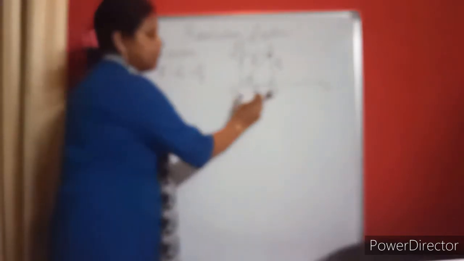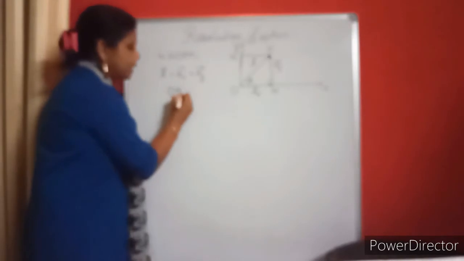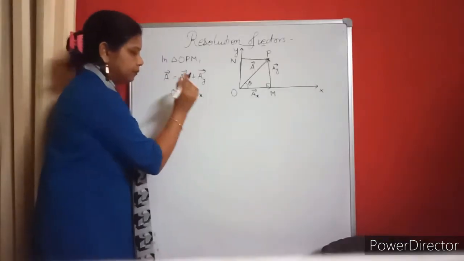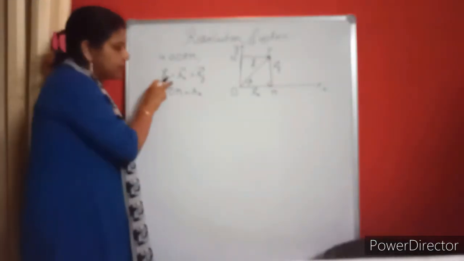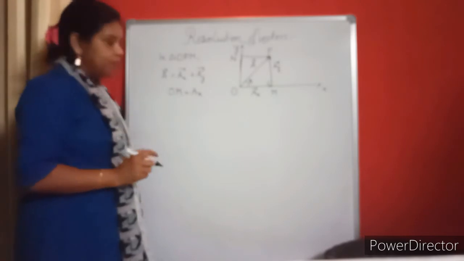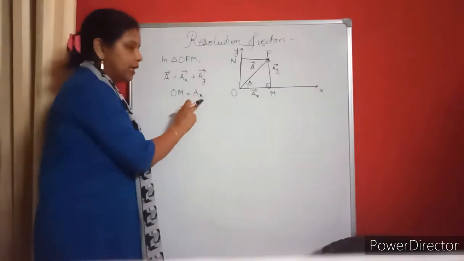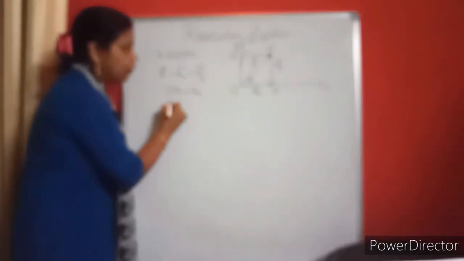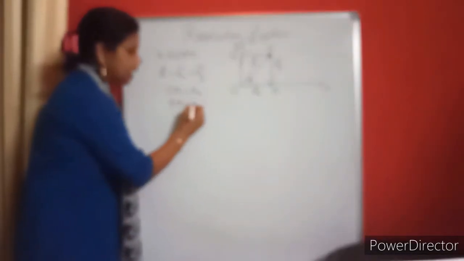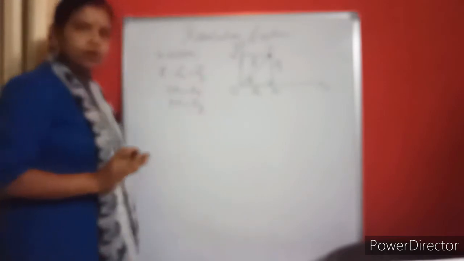Now, instead of writing AX, if I say that OM is equal to AX, when I am writing OM, I am not concerned about the direction because I have not given the vector symbol. Means the length of OM is AX. Done? And what is the length of PM then? It is AY. Got it, all of you?